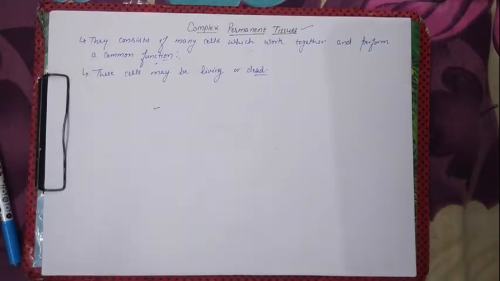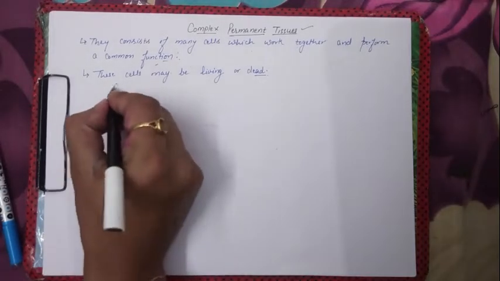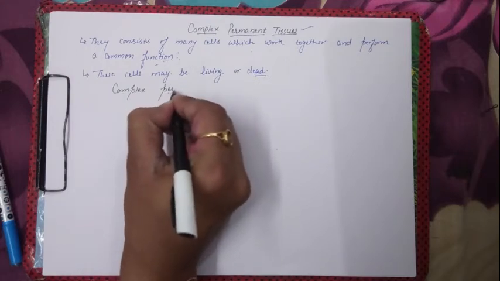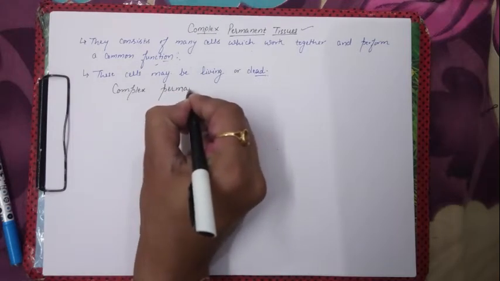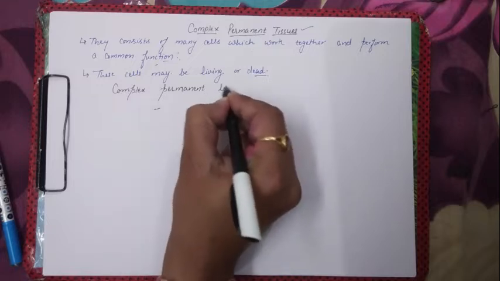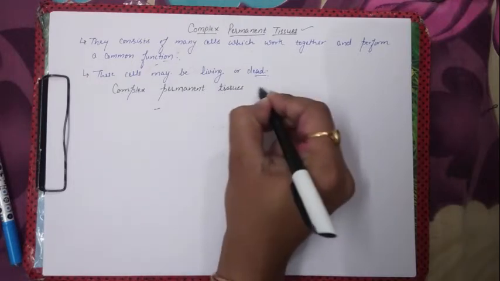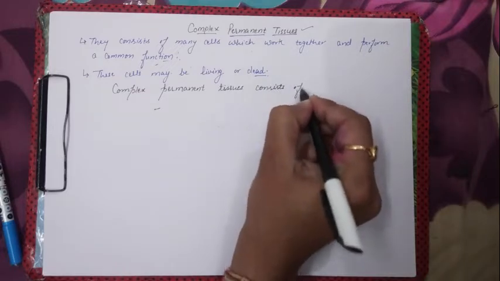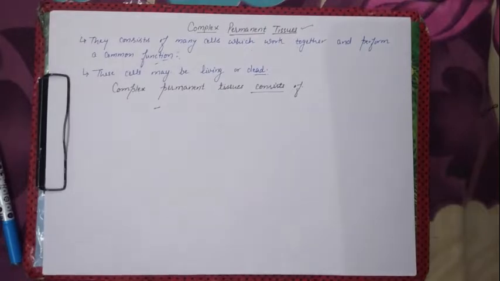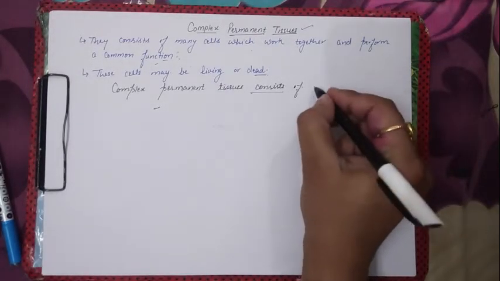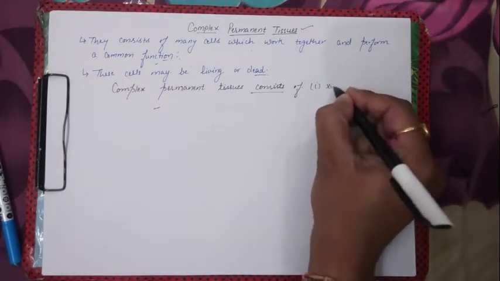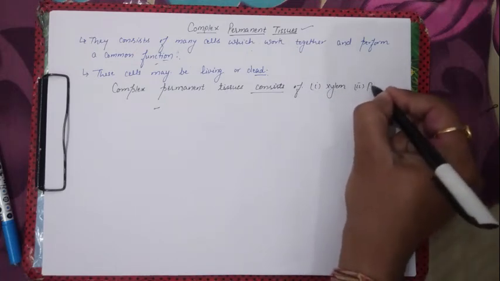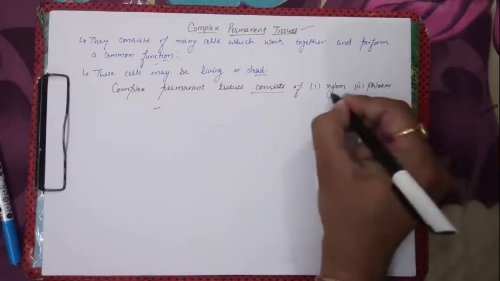Complex permanent tissues consist of two types of cells, xylem and phloem.